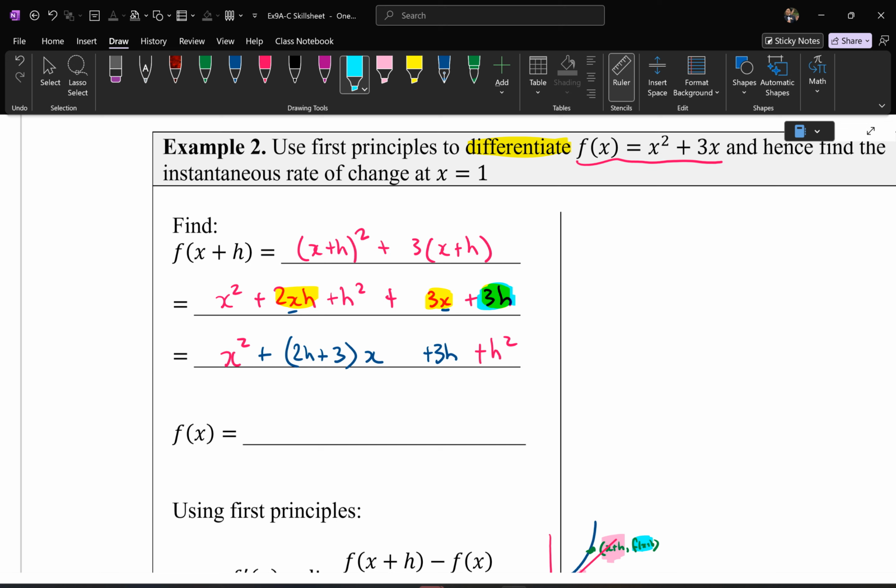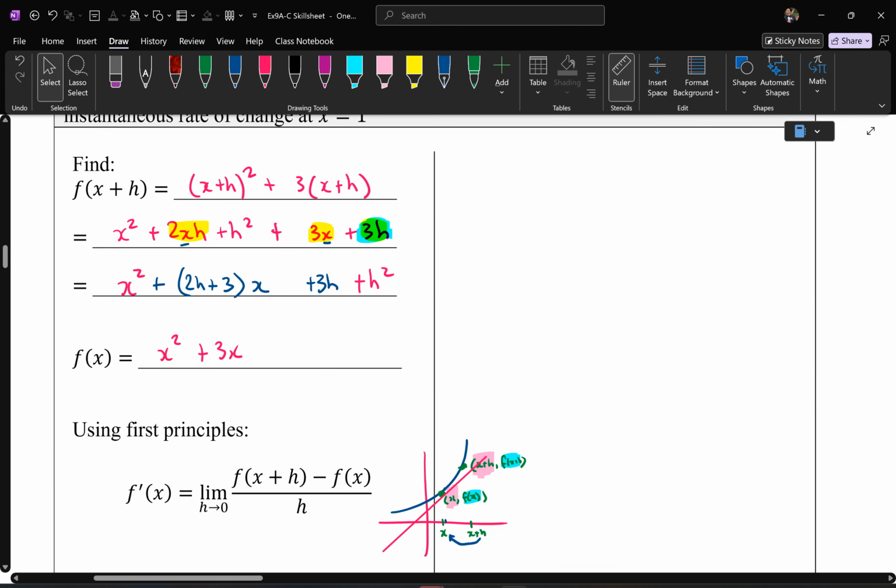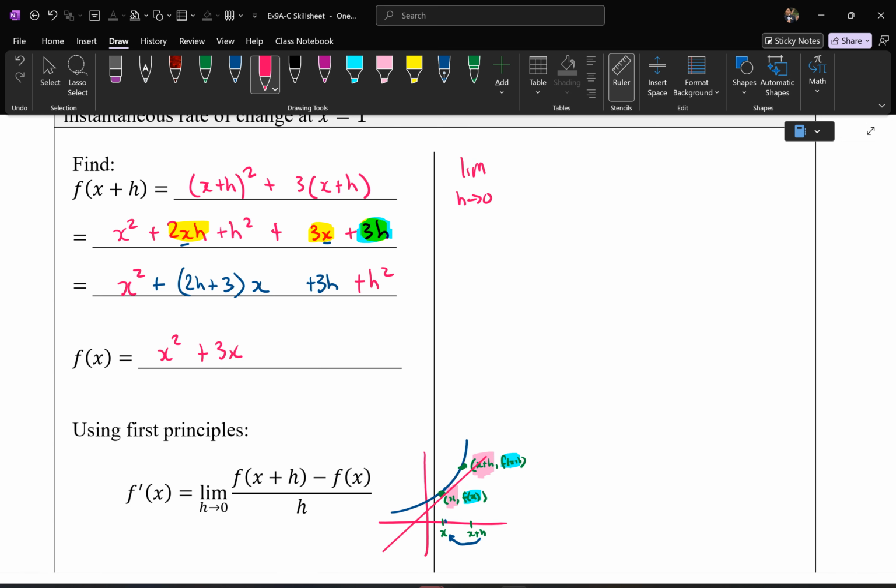Cool? Next one, f of x, on the other hand, f of x is x squared plus 3x. So from here, now we're saying take f of x plus h, take away f of x. So if I do that now, let's write it out. Limit of h approaches 0. We're taking f of x plus h, which is up here, and we're taking away f of x.